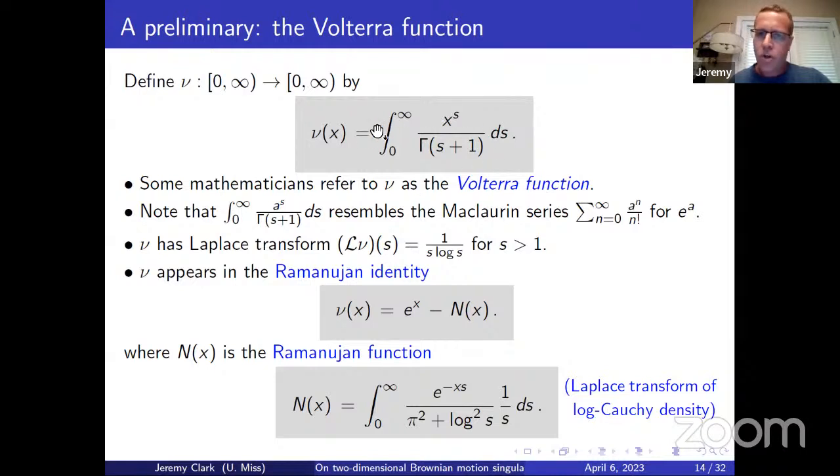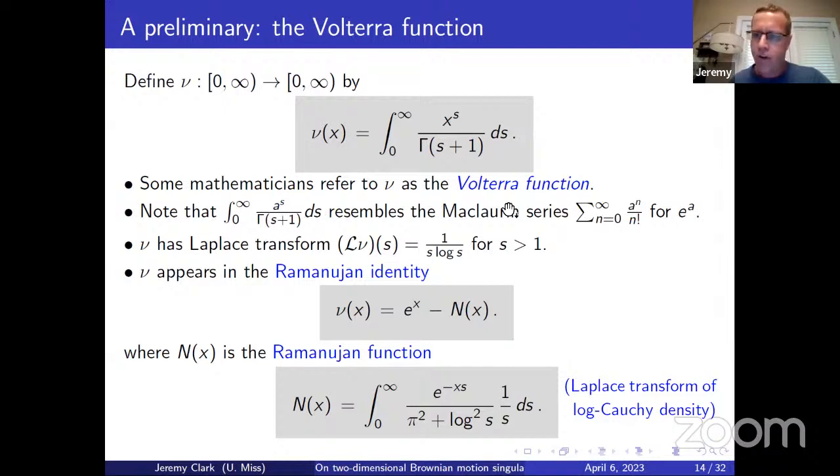Take a close look at this integral formula. It looks complicated at first, but it's actually very easy to remember because it resembles the Maclaurin series for the natural exponential function. Now imagine you replace the summation by an integral, and then you replace the factorial by a gamma function.